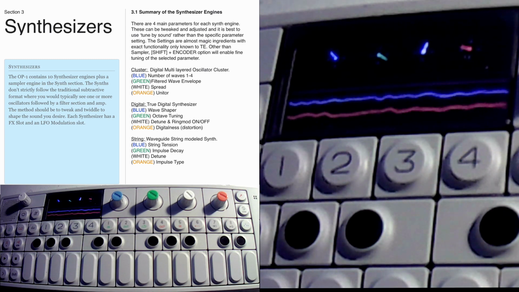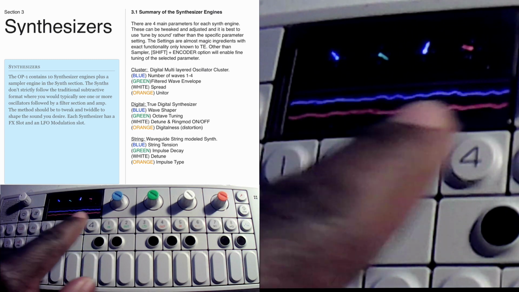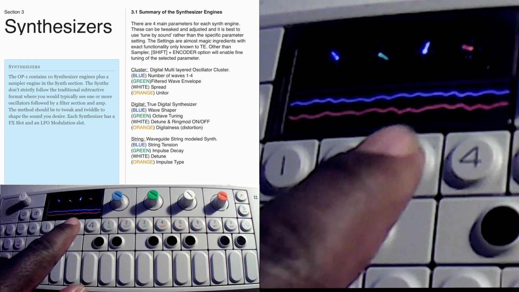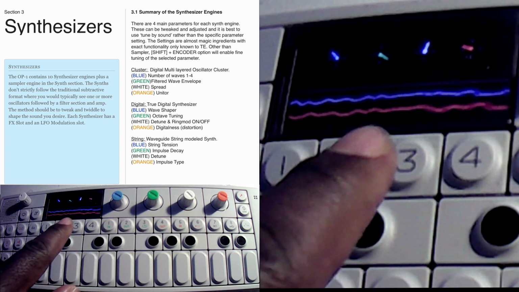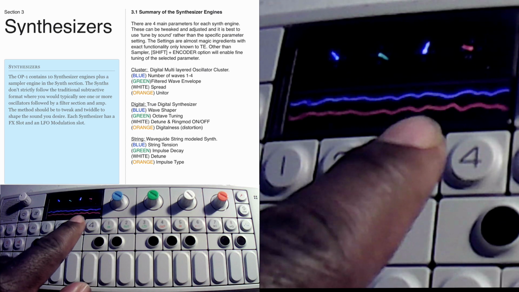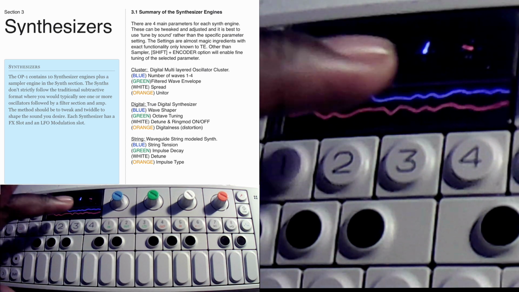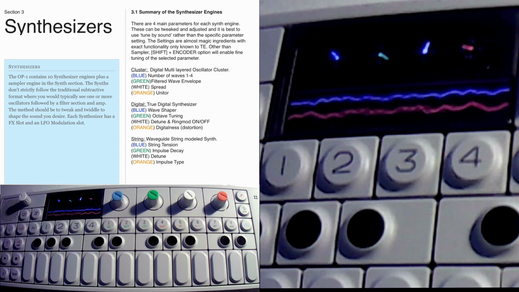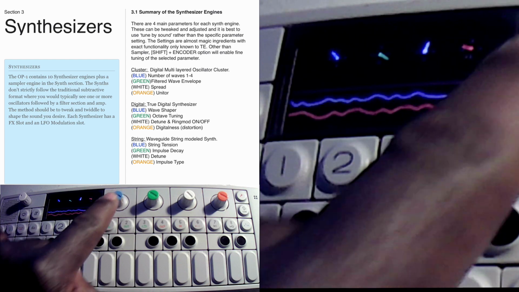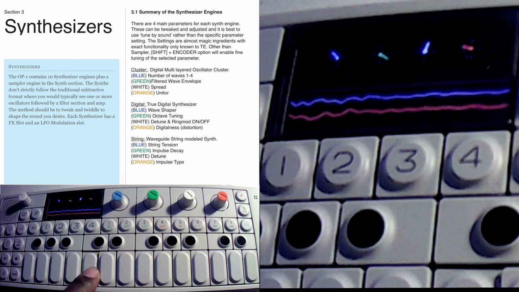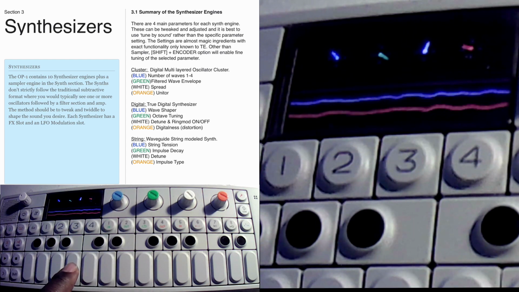As you can see, the unique GUI for cluster is represented by the output from the 4 oscillators on the screen. In this case, the blue controller controls the number of oscillators or waves that make up the sound.